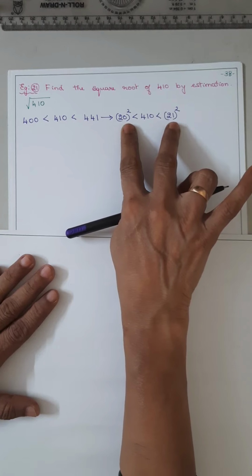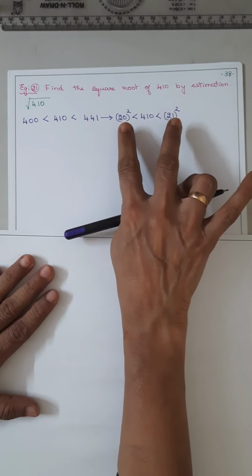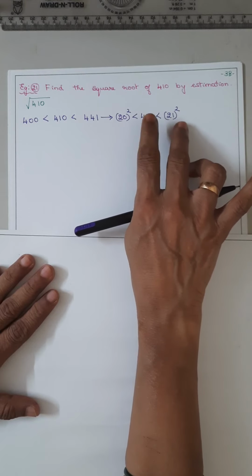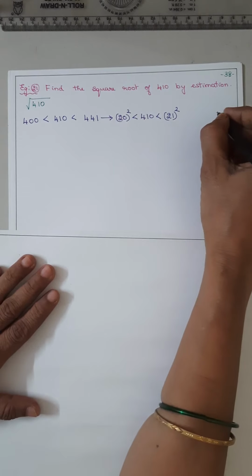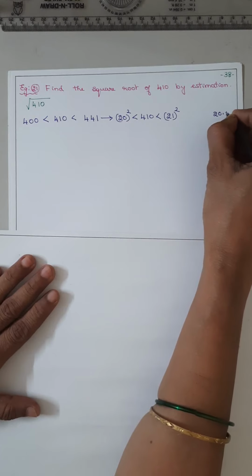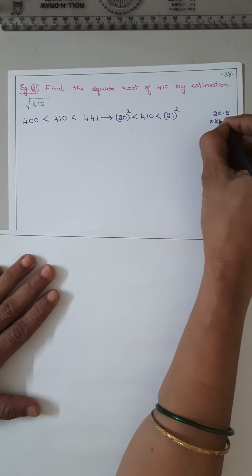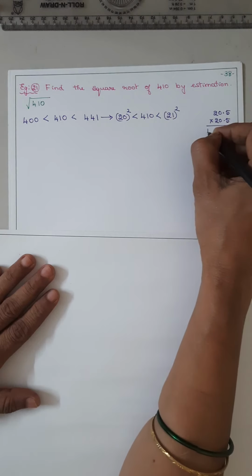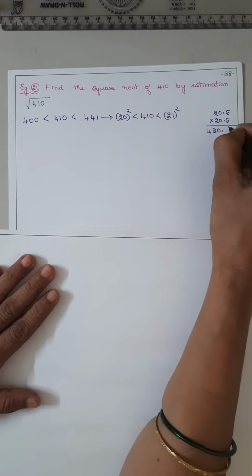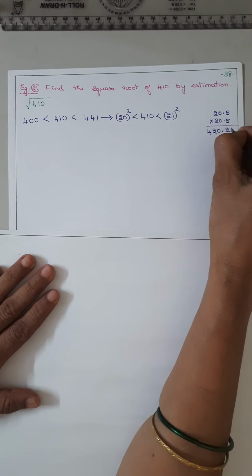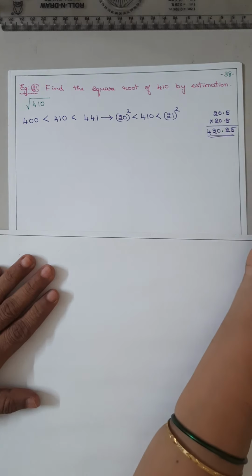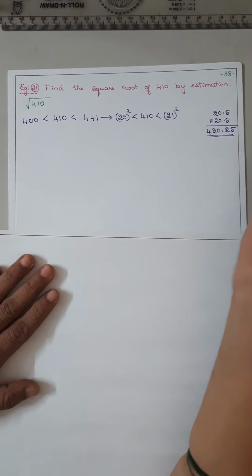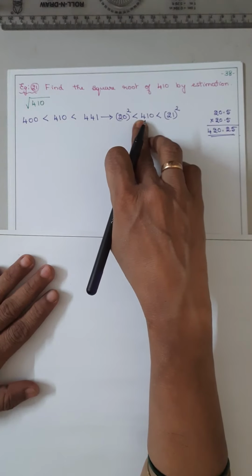तो इसका मतलब नेक्स्ट स्टेप क्या करने का है? 20.5 is exactly between 20 and 21. So try with the 20.5 into 20.5. मतलब 20.5 का स्क्वायर फाइंड आउट करो. So you get 420.25. So 420 means it is to the right of 410.